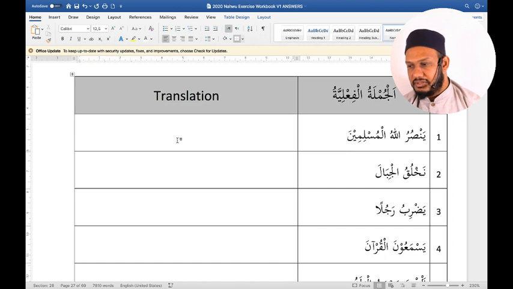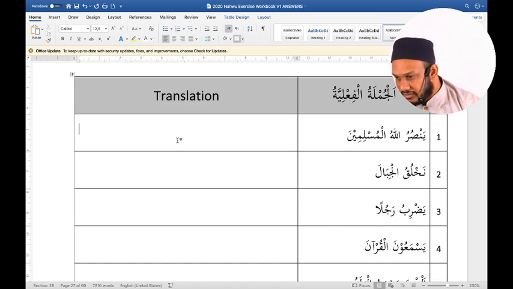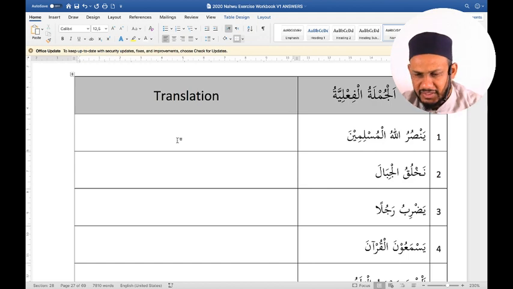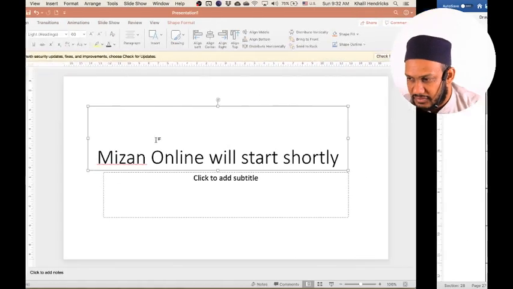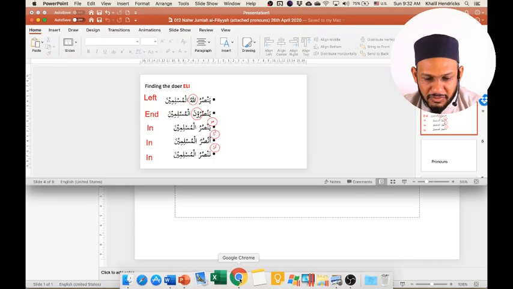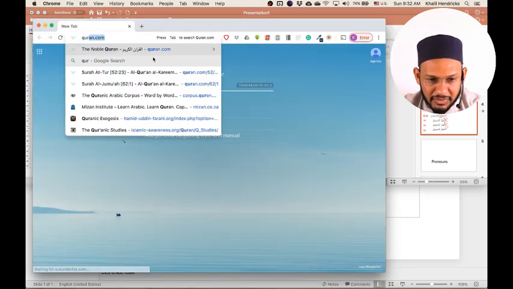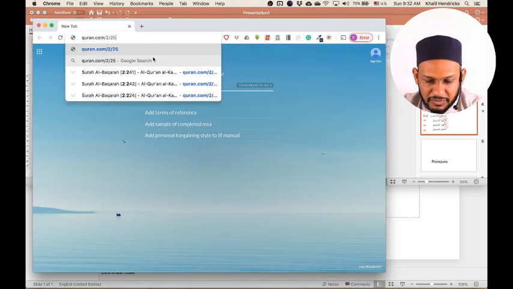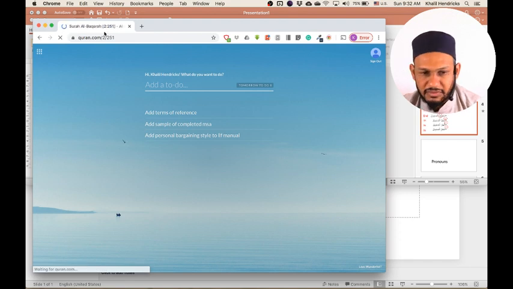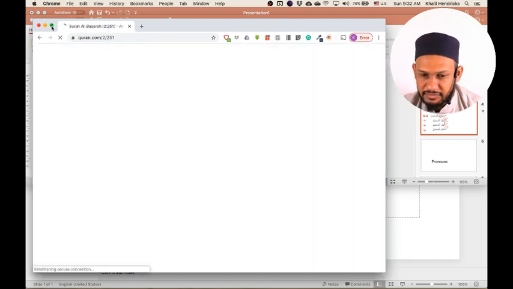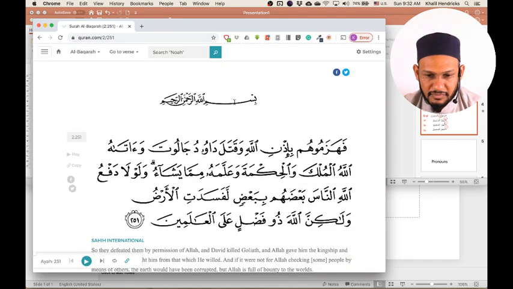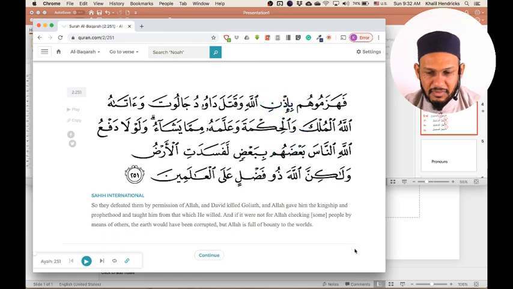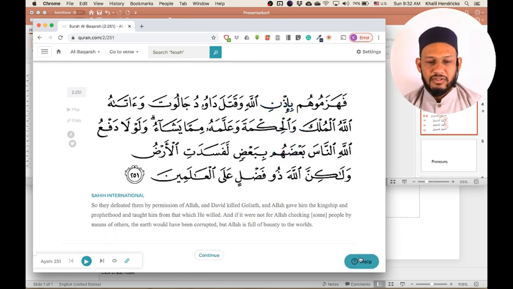So in number 1, it says, mashallah, someone saw a fi'il, fa'il in a verse. Someone put in the chat that they found one in Surah Baqarah 251. فهزموهم بإذن الله وقتل داود جالوت.